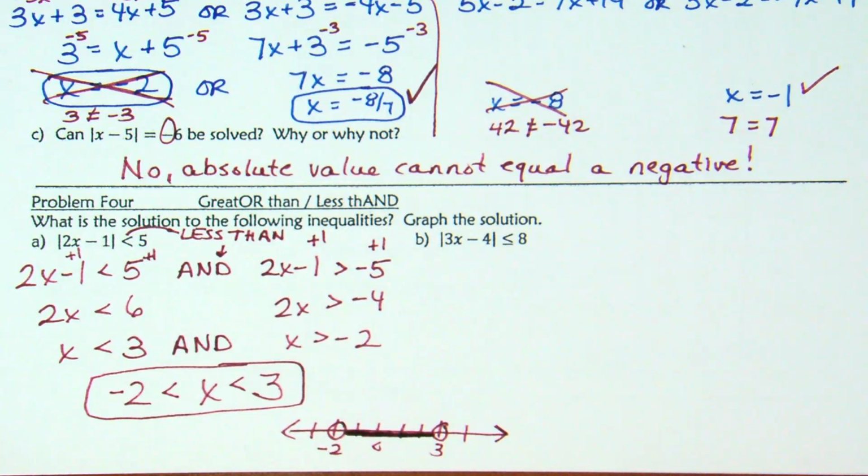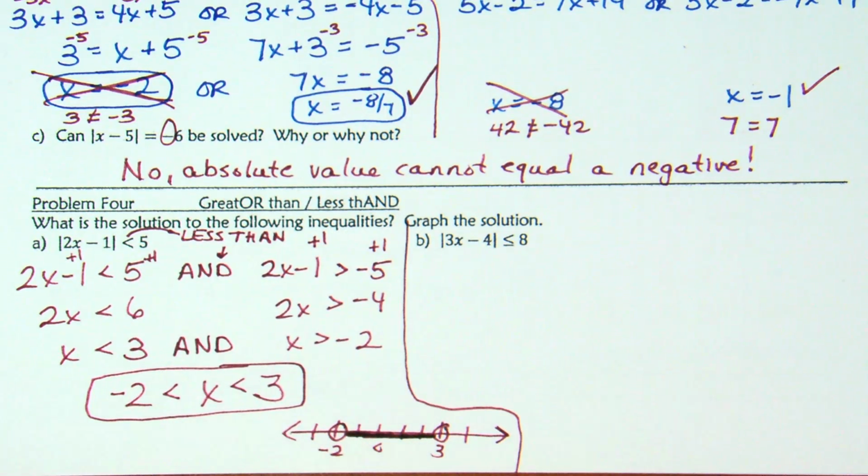Okay. B, let's do the setup, but then we won't actually solve. Okay? Absolute value of 3x minus 4 less than or equal to 8. Is the absolute value by itself? Yes. So now we're going to set up 2. What's the first one?